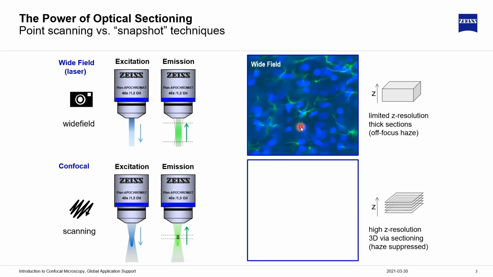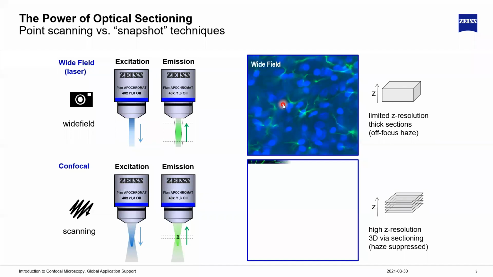So you take an image, and the image is immediately there on your screen. This is nice, but as you can see from this example, you don't only see your sample. You don't see only the things that are in the focus of your sample, but you also see something that is below and above the focus plane of your sample. So you see a lot of this off focus background in this image.